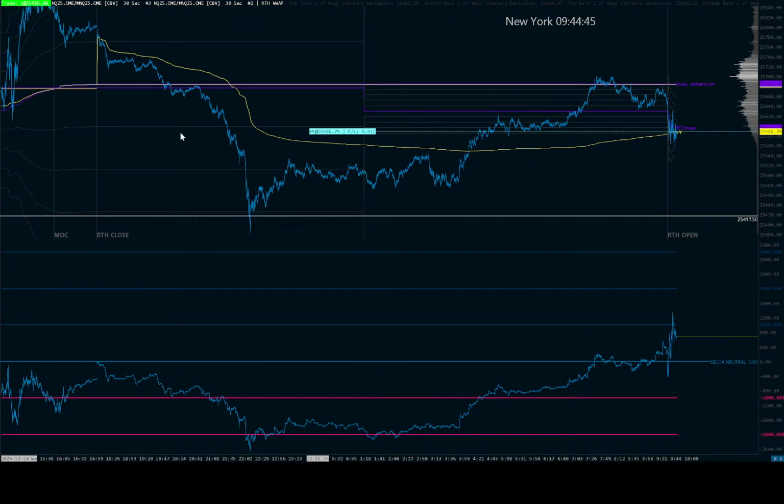It sold off pretty hard, swept a low, and then consolidated. It's rallied. It hit a VWAP extension, but at some point it flipped, right? There's aggressive buying even though prices dropped. And so to me, it's like, okay, I need to try to figure out which side is actually going to be in control.